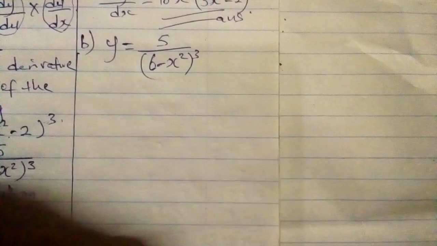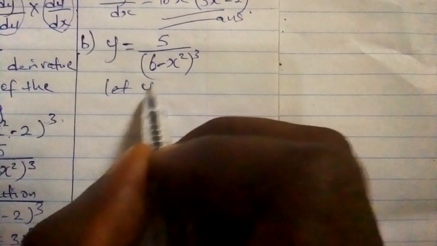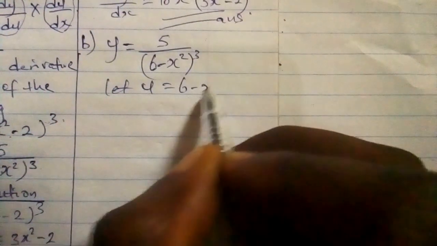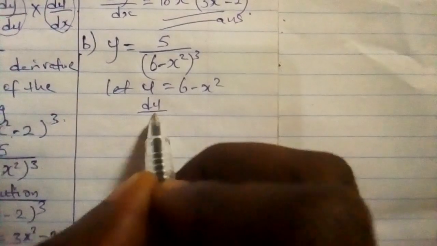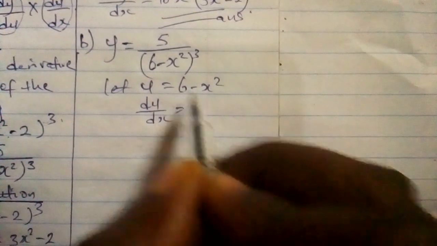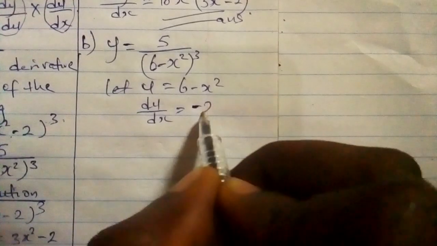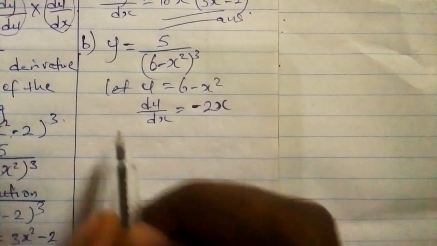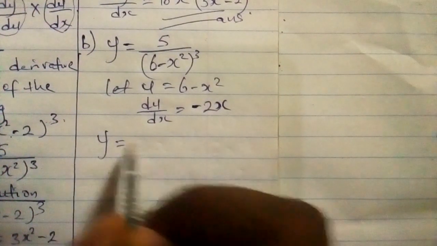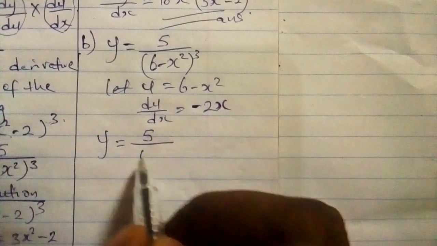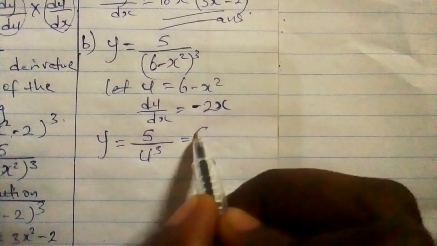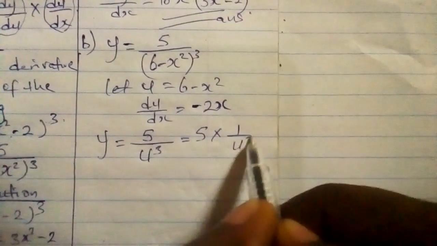Okay, for the second one now, we do the same procedure. Let u equal 6 minus x squared. du over dx will be equal to minus 2x, because differentiating the constant is 0. Then remember that y will now be equal to 5 over u raised to power 3, which is the same thing as 5 times 1 over u cubed.